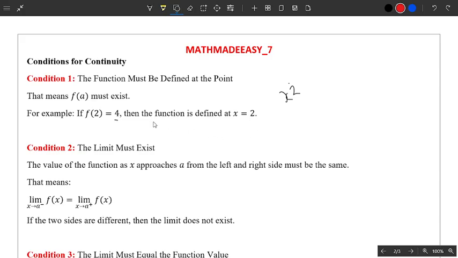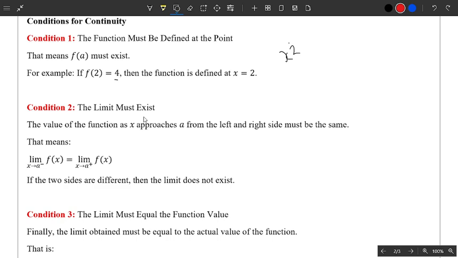All right. So it should what? The function, that means that f of a must exist. F of a must exist. Now, the limit must exist. So when we say that a limit does exist, the limit exists if we take the limit from the left hand side and from the right hand side.